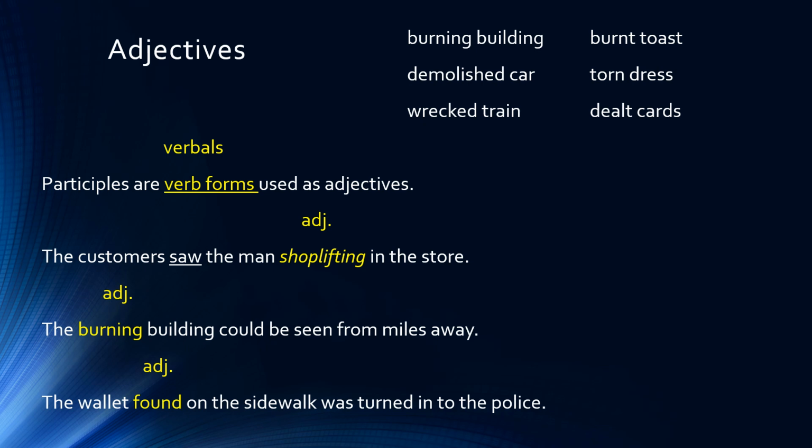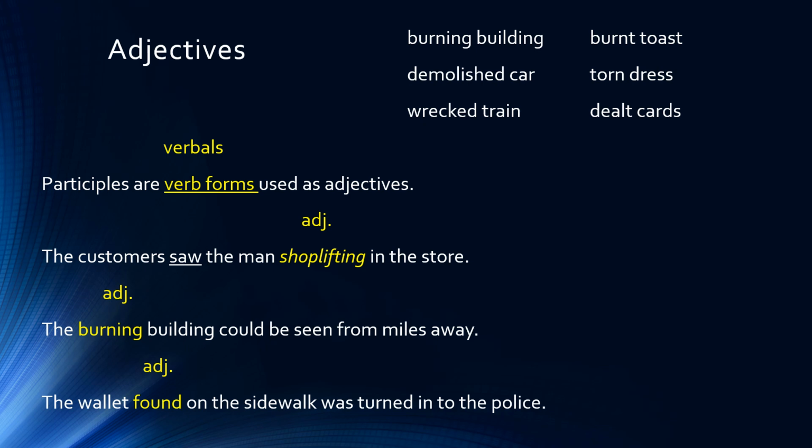The customers saw the man shoplifting in the store. Shoplifting is an adjective modifying the word saw. They saw him shoplifting. The burning building could be seen from miles away.